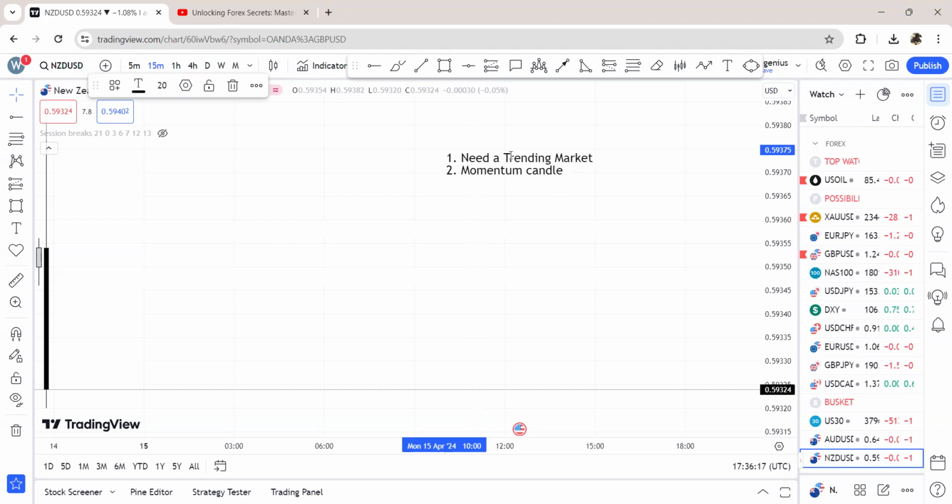Then, obviously, in order for you to form a fair value gap, you need at least three candles. So you need these three things.